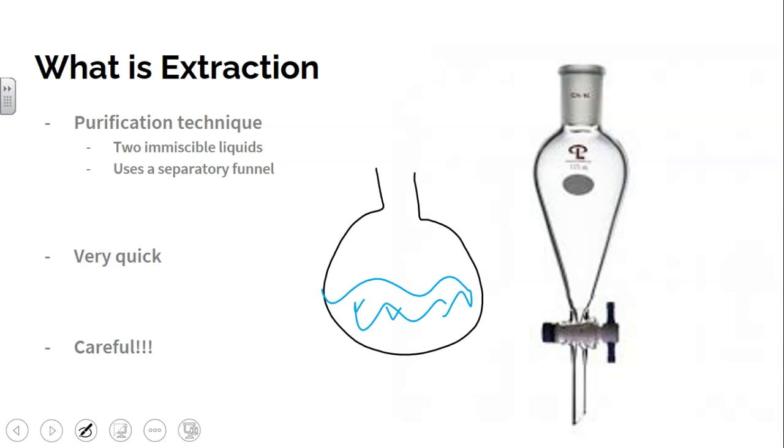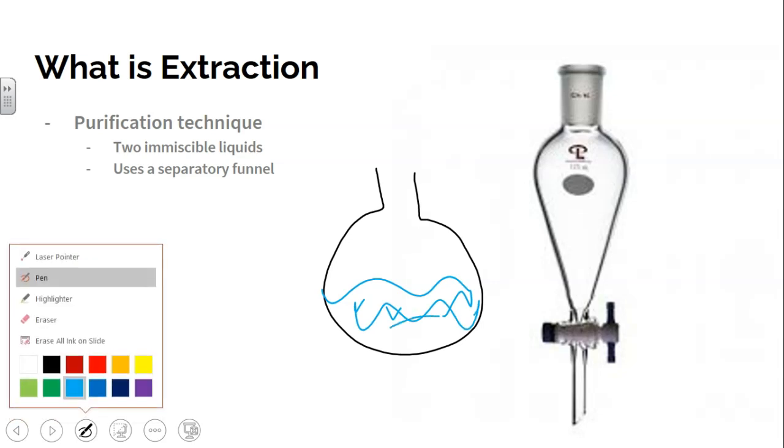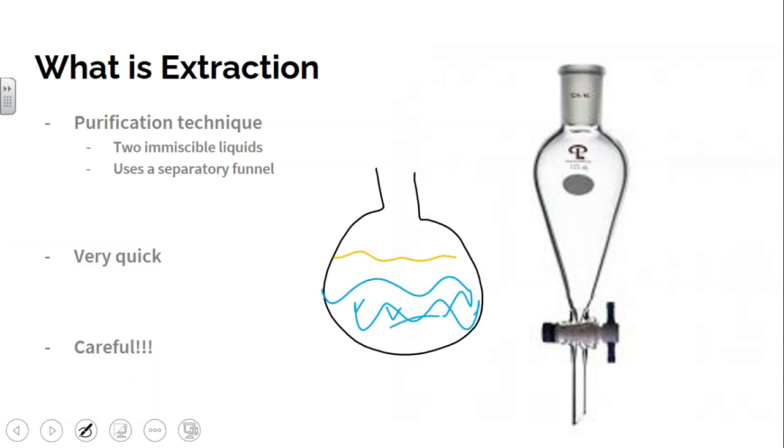So here's some water, and then here's oil, okay? And they're going to form two layers. Since they form two layers, we could take and pour the organic layer, or the oil, off of here and leave the water behind in the round bottom flask.